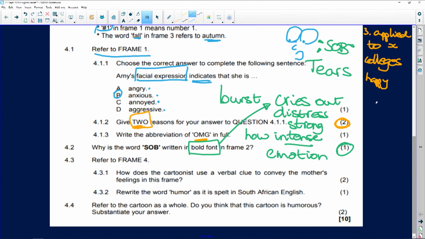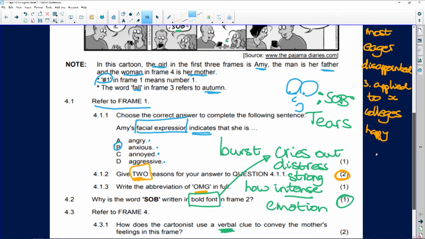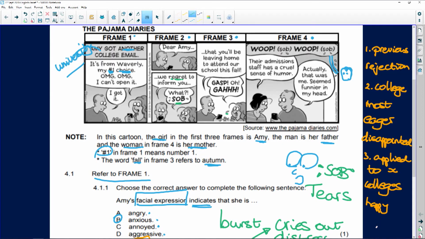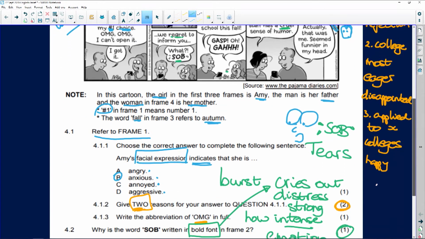We go to frame 4. How does the cartoonist use a verbal clue to convey the mother's feelings in this frame? Let's go to frame 4. We're looking for a verbal clue. So verbal is in the words. Their admission staff has a cruel sense of humor.